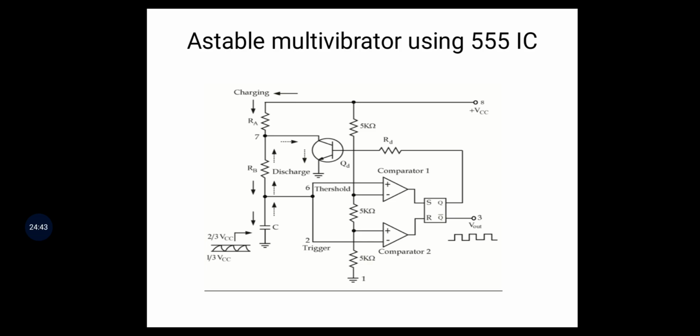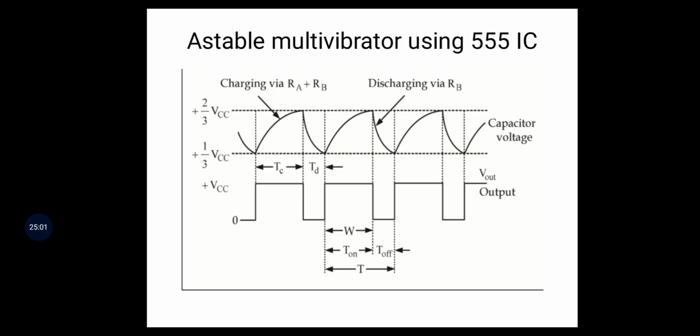When the capacitor is charging, the output is high, while when it is discharging, the output is low. The output is a rectangular wave. The capacitor voltage is exponentially rising and falling. Here the waveforms are shown in the figure. The capacitor is charging between 1/3 VCC and 2/3 VCC.